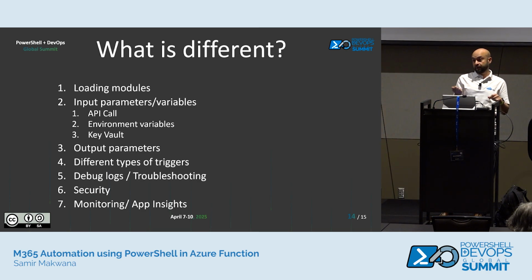Different types of triggers, right? Do you trigger your PowerShell on-premise using an HTTP API call? No, right? There are more than 10, I think, triggers you can configure to have those scripts called. And that's the beauty of it. So think about people working in security or disaster recoveries.